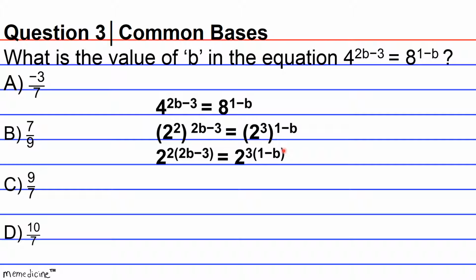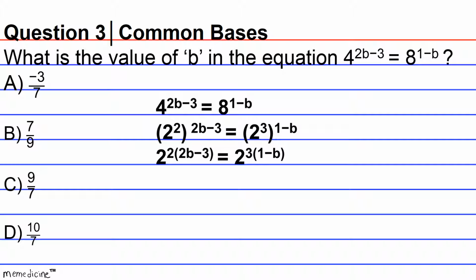And we can use the exponent property that says that if two powers have the same base, and they're equivalent to one another, which they are, then their exponents must also be equal.